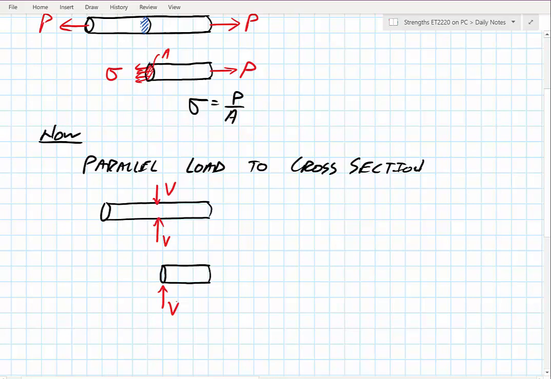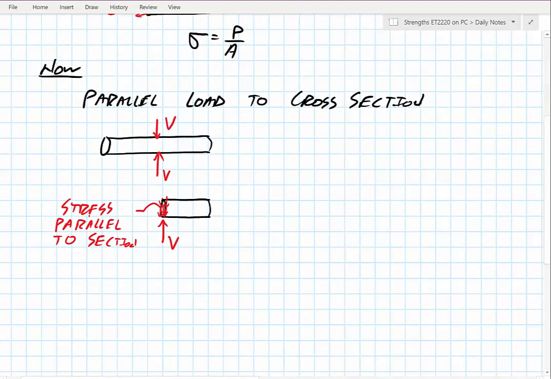So to resist this shear, what I am in essence saying is I have all evenly distributed across this cross section all of these stresses, right? So this whole thing would represent a stress that is parallel to the cross section. And if we should now go ahead and define that, we call that a shear stress.